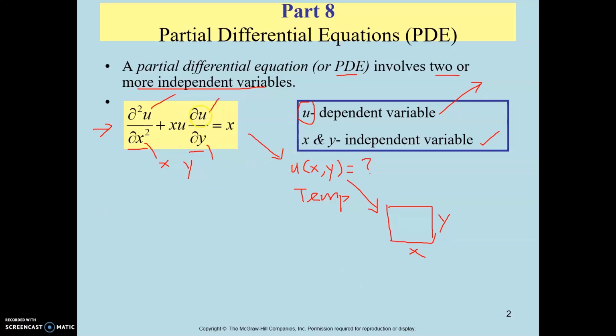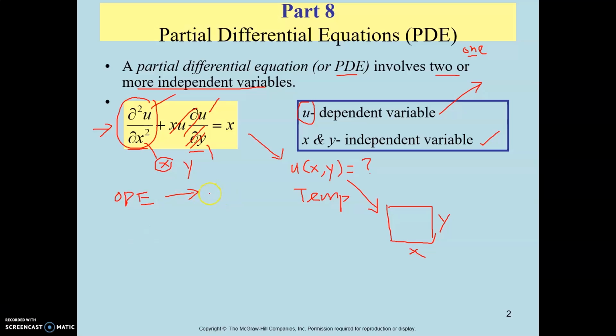In case we only have one independent variable, let's say we let this term be 0. So we only have this derivative and we only have one independent variable, which is x. Normally we call this an ODE, ordinary differential equation.